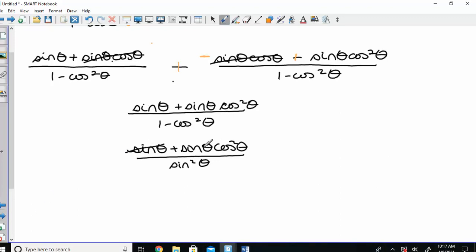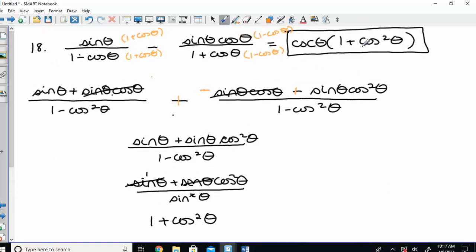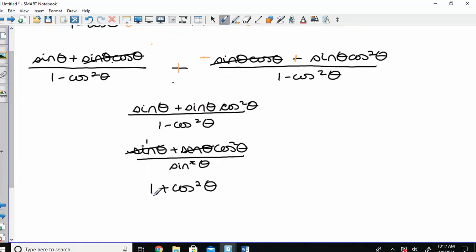Yep. We can take a sine out of everything. So that would leave us with a 1 plus cosine squared theta, which if you look at your goal, that's good. We need that. Over sine theta. This step isn't necessary, but it kind of illustrates. If the sine's on the bottom, that's the same as saying 1 over sine times 1 plus cosine squared theta. What is 1 over sine theta?